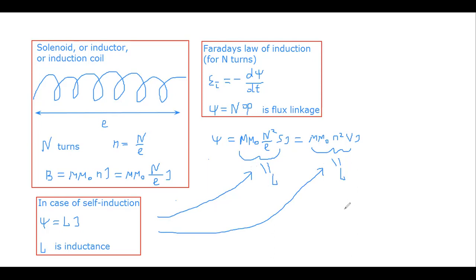So we have obtained that L is equal to mu 0 n to the power of 2 divided by the length of solenoid multiplied by square of turn, and this is equal to mu 0 multiplied by concentration of turns squared and multiplied by volume inside solenoid.